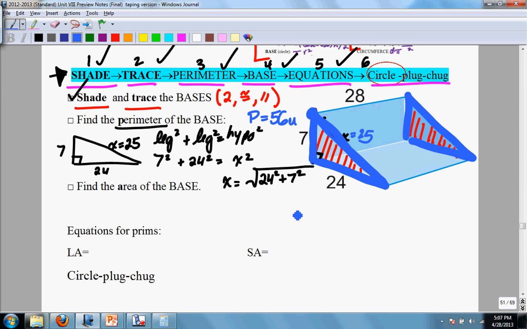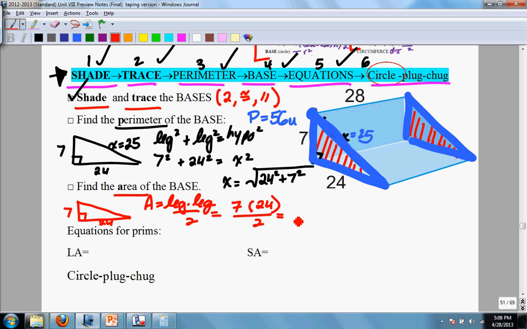When it says base, it means find the area of the base. So now we have to find the area of the base, and we have a right triangle. Area equals leg times leg over 2. One leg is 7 times the other leg is 24, over 2.